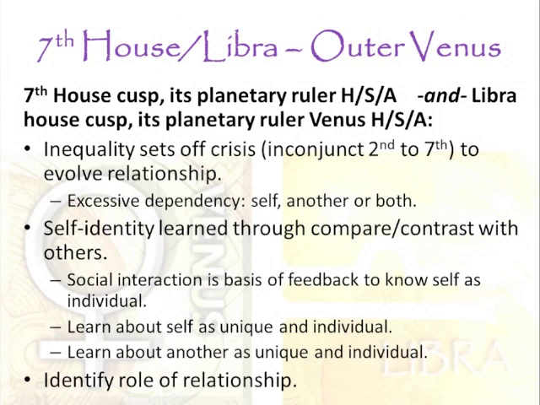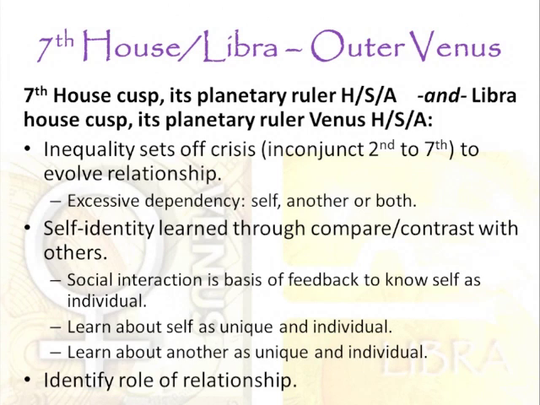That when we're dealing with that 7th house, and we have all those crises, and we have to learn how to listen and communicate, we learn about ourselves comparing and contrasting with the other. In other words, relationships, 7th house Libra, social interaction is a bottom line basis of feedback to know ourselves versus the other, 7th versus 1st.